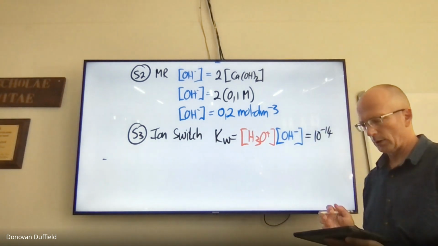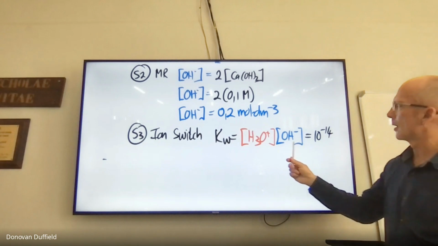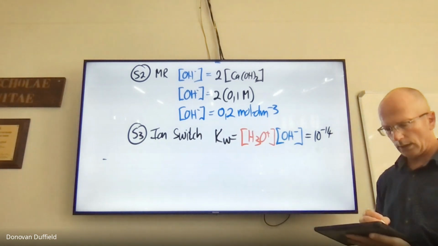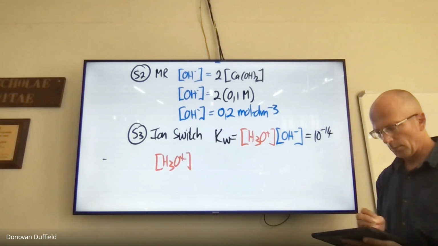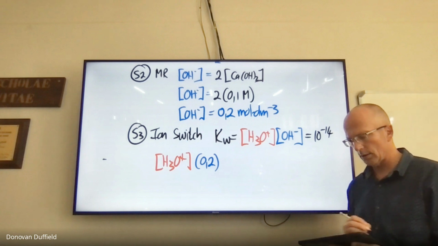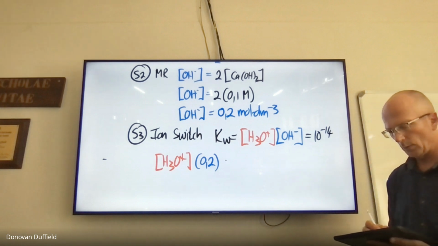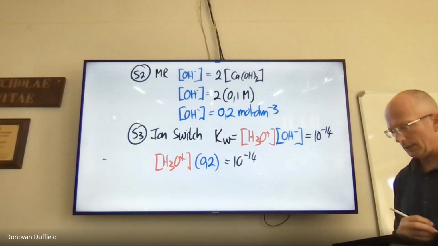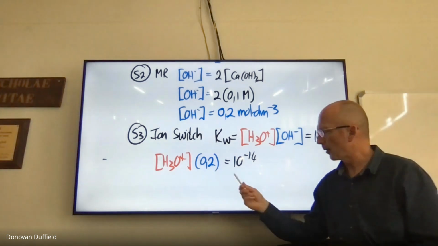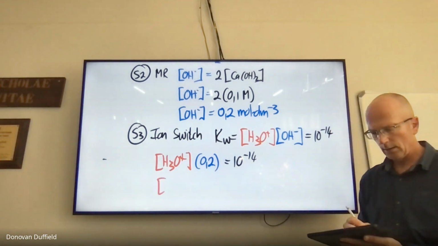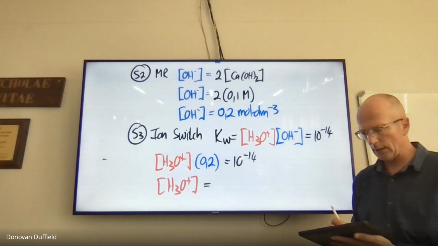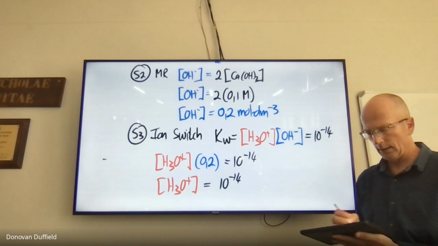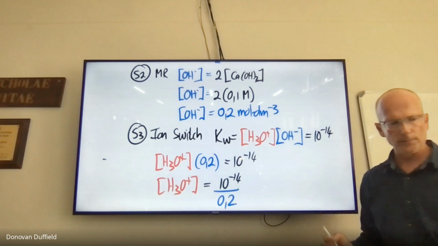So now what we do is we say, okay, this was given to us. We have this, so we can say the hydronium ion concentration multiplied by the hydroxide ion concentration, 0.2, equals 10 to the negative 14. We divide both sides by 0.2. So this is going to be 10 to the negative 14 divided by 0.2.